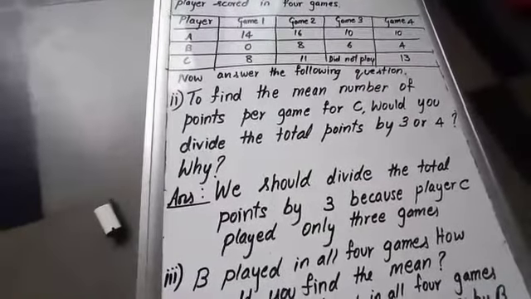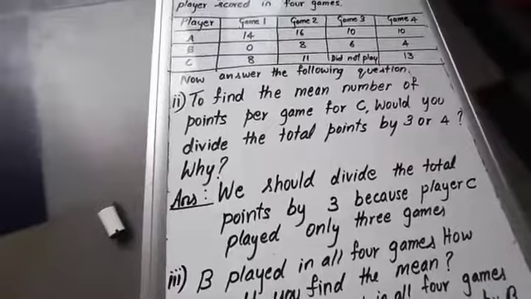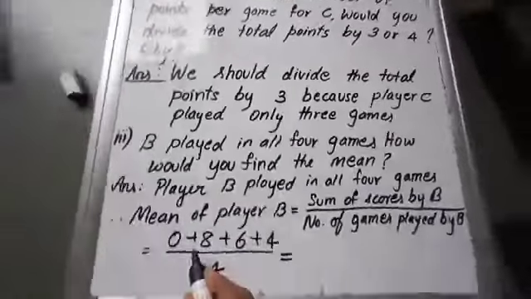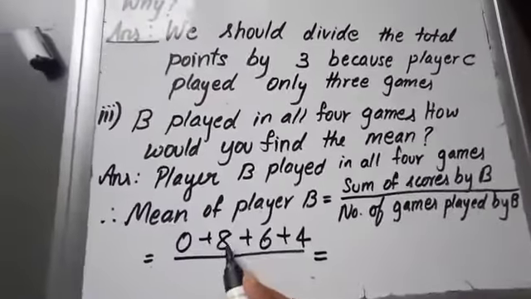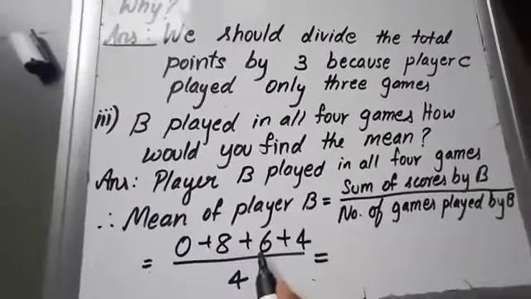The number of games B has played is 4. So the total: 0 plus 8 is 8, 8 plus 6 is 14, 14 plus 4 is 18, divided by 4.